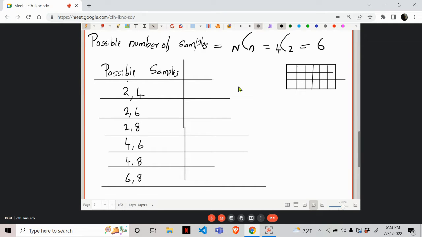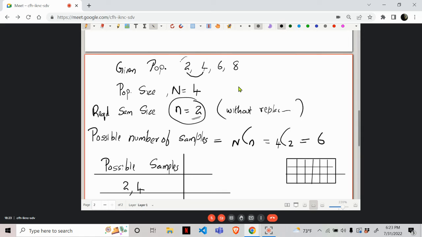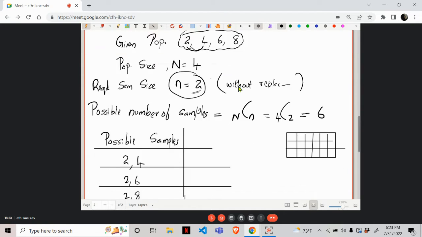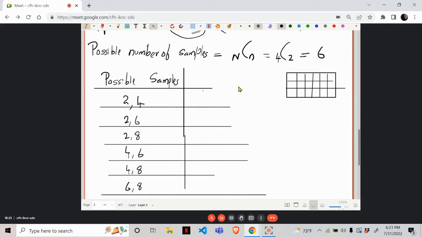So similarly, how many members are in this population? 4. And we are collecting all possible samples of size 2. Please write like this: representative sample mean.